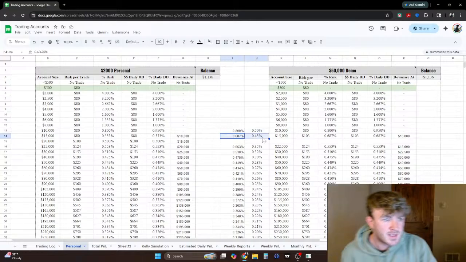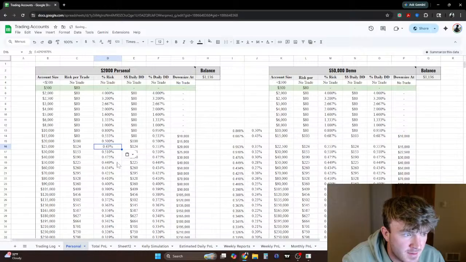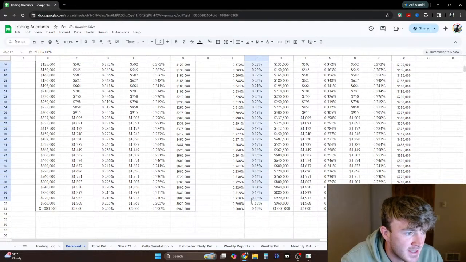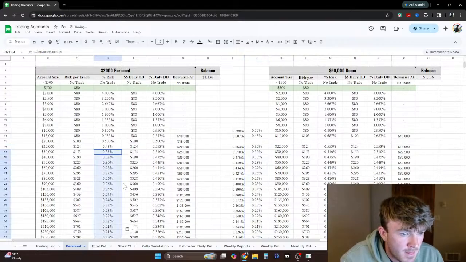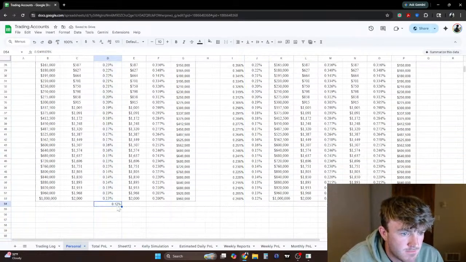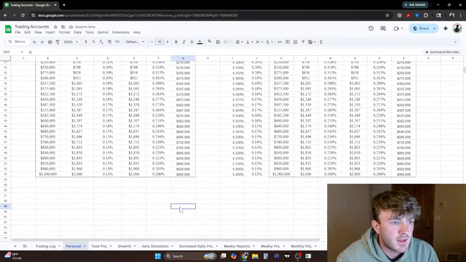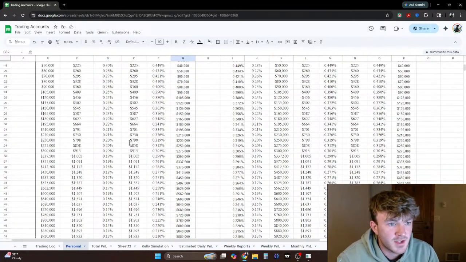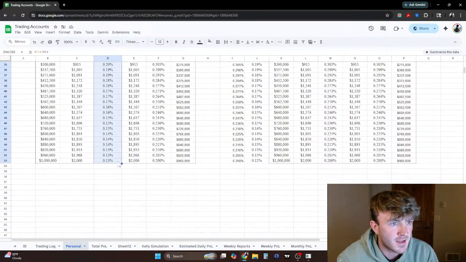So I'm going to go like this. The next risk tier after this is going to be 0.43%. And then past that, it's going to go like this. And then, yeah, this is the new risk plan. And then we're going to adjust this by a decimal.